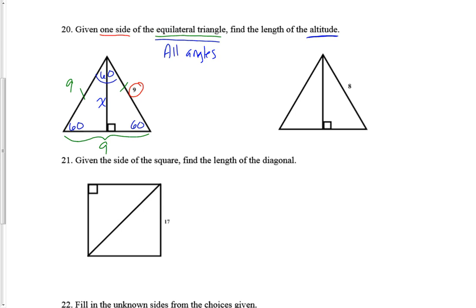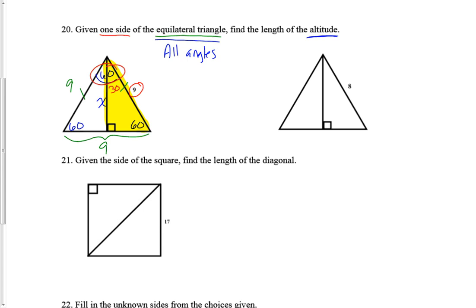Now, I am looking to use a right triangle, and I have a right triangle. My right triangle is right here. That's the triangle that I want to use. So, up at the very top, this angle is going to take 60, it's going to be cut in half, and that makes this angle 30.